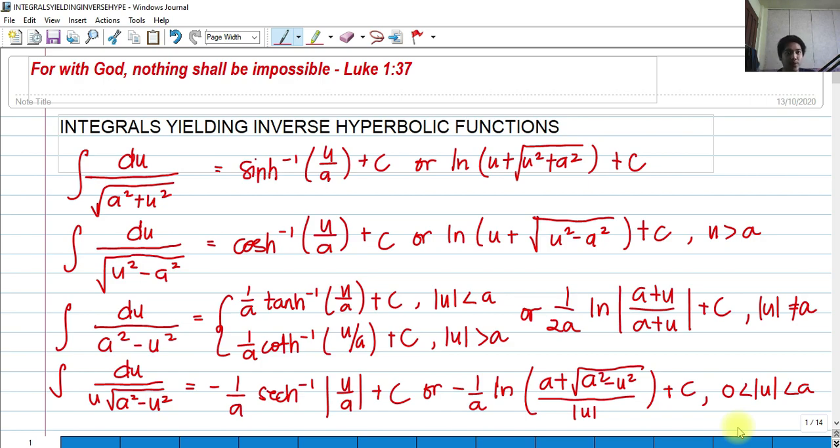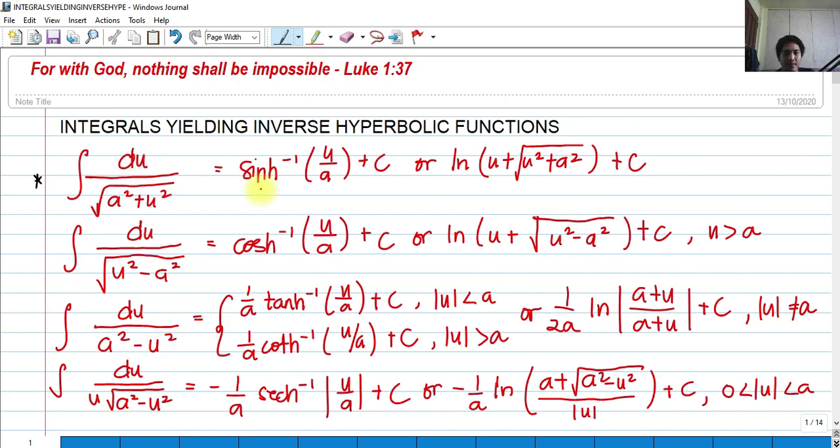So let's get started. First of all, for our first formula, if we see an integral in this form, we have the integral of du all over the square root of a squared plus u squared, where u is expressed in terms of the variable here, and a is any constant, so we can easily apply this formula.